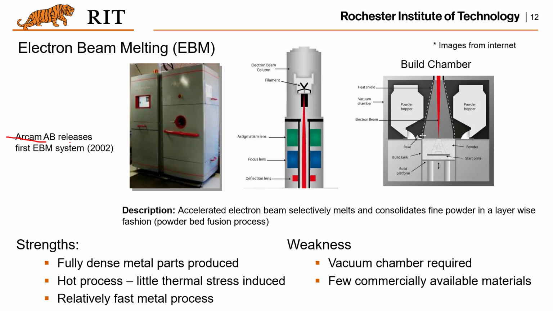For EBM, you can only use a few materials which can conduct electricity. For nylon, I mean plastic, or ceramic material, you cannot use it. But in selective laser sintering, you can use plastic, ceramic, and metal materials. So that's the big difference between EBM and SLS.